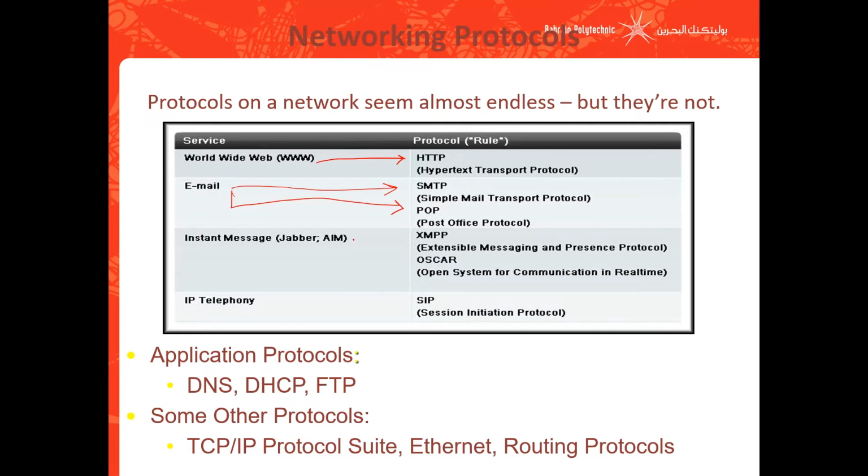If you're using instant messaging, you could be using something called XMPP, which is Extensible Messaging and Presence Protocol. And then there's another one called OSCAR, which is Open System for Communication in Real Time. Again, you might want to remember the full forms, but don't worry about knowing them in detail. We'll go over them.